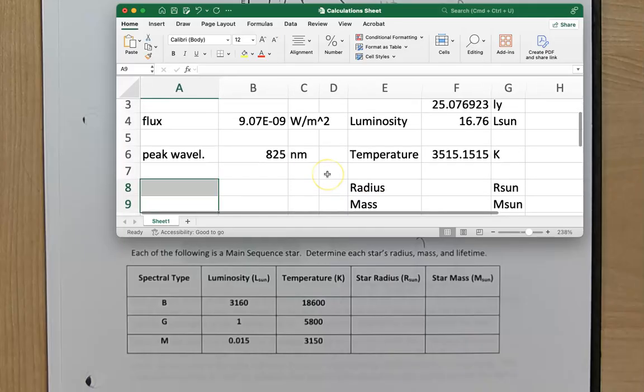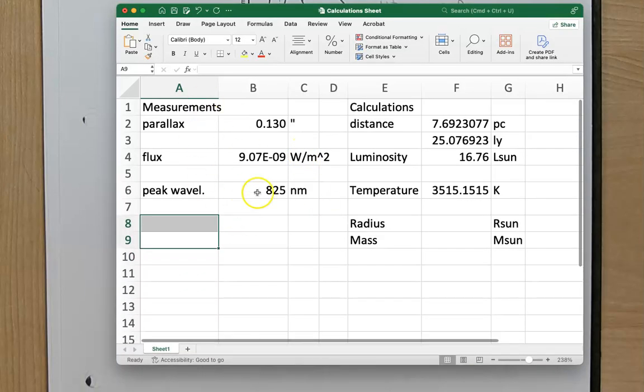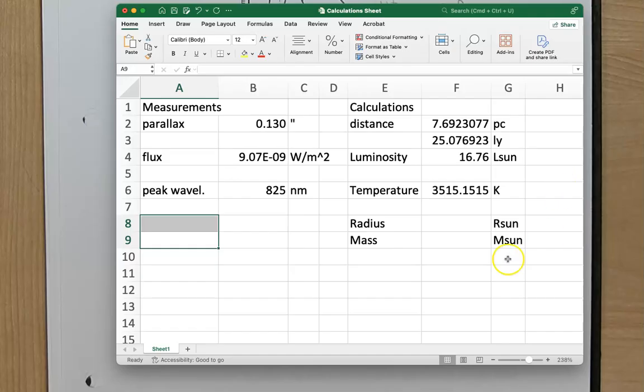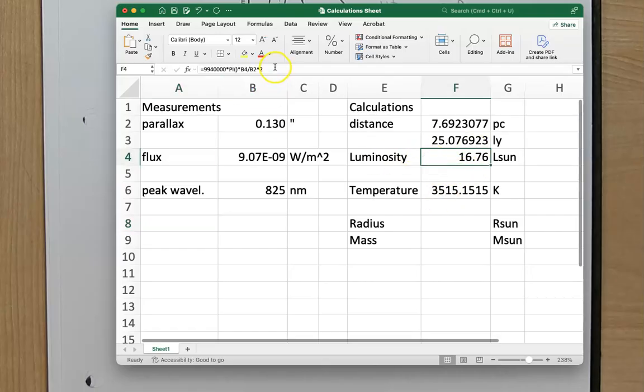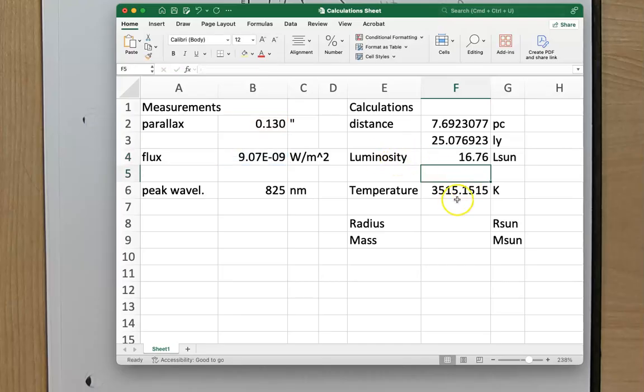Remember the way I had this set up: I've got my inputs in this column and my outputs in this column. The things that I'm entering are on the left side, and the calculations for your answers are on the right side. This equation here uses the parallax and the flux to calculate the luminosity.